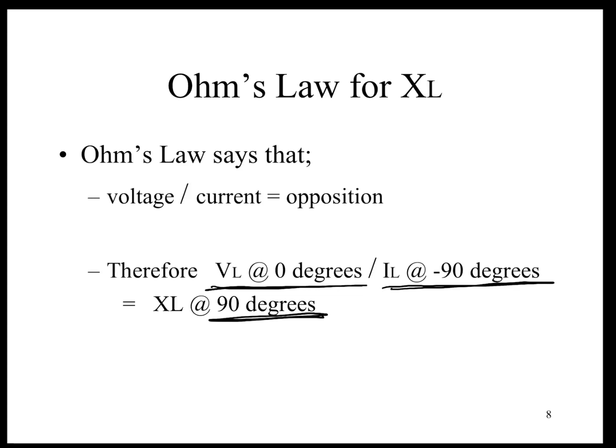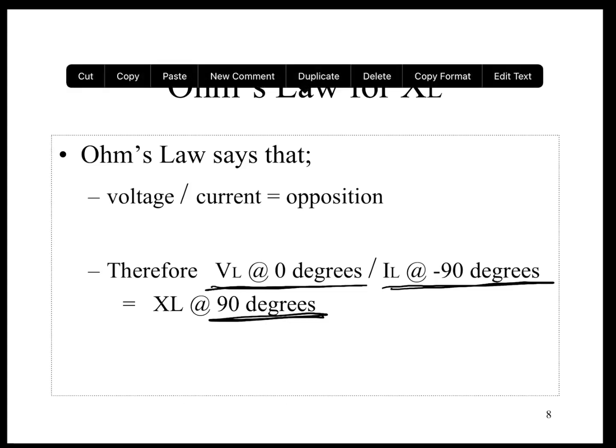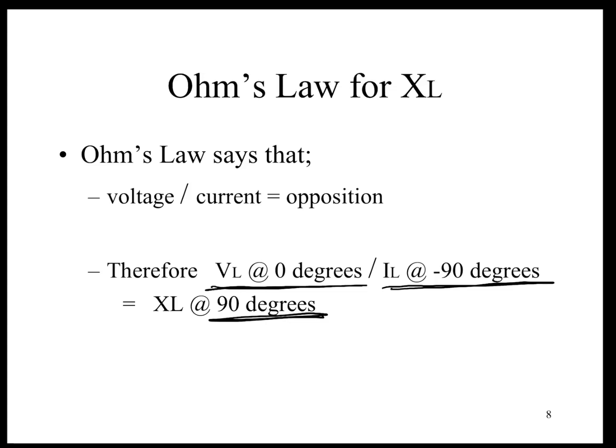So as a polar representation, you could say XL is at 90 degrees, or if you're talking rectangular, like we said before, we have a plus j value for XL, so plus jXL.